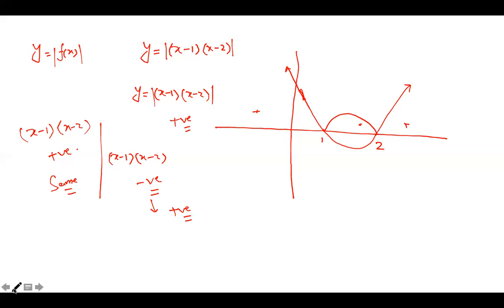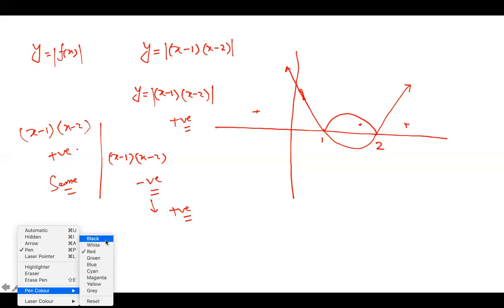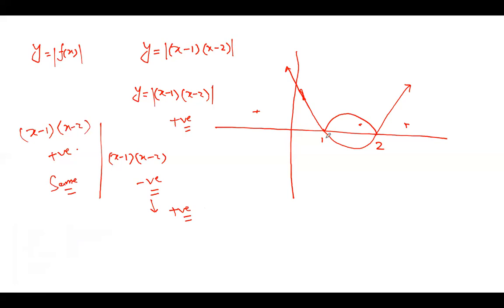This will go something like this. We have to remove the graph between 1 and 2, the one that is negative. So we are removing this graph between 1 and 2, where it is negative, and then this complete graph is the graph of y is equal to (x minus 1)(x minus 2) whole in the mod.